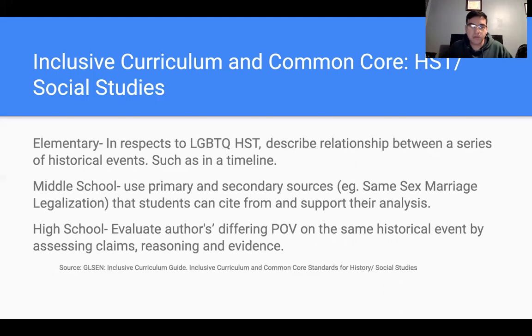You can pull Supreme Court documents or other secondary texts that students can cite from that support an analysis. In high school, you want students to evaluate authors' differing points of view on the same historical event by assessing the claims, reasoning, and evidence. So really just pulling from the source and determining how the author has looked at the event critically.